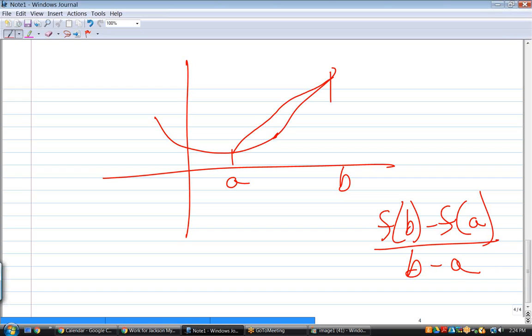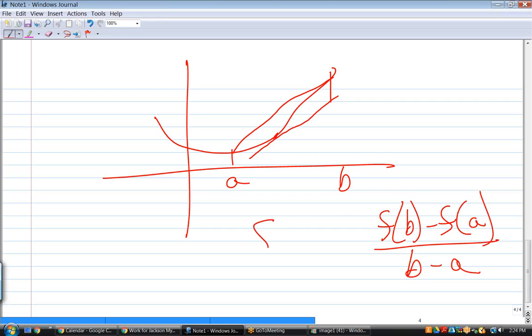So all the mean value theorem says is that there is some point where the first derivative has a slope that is the same as the average slope between a and b. There has to be. You can't have a continuous function go from a to b without having a point somewhere in between whose tangent is the same slope.